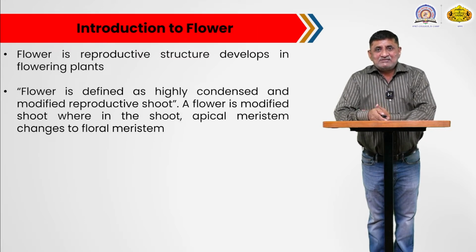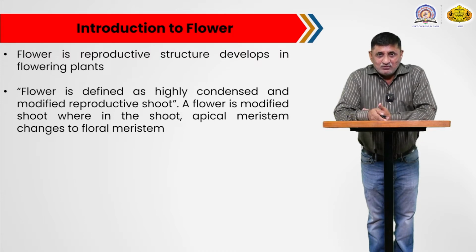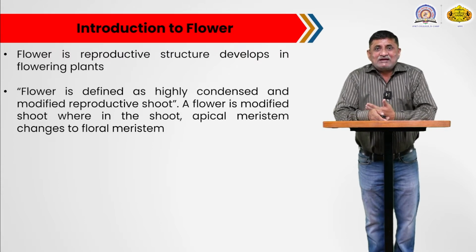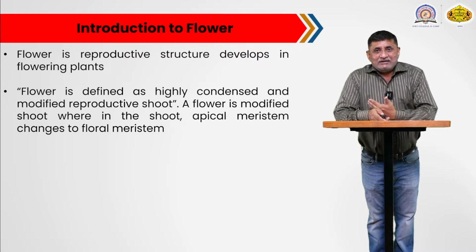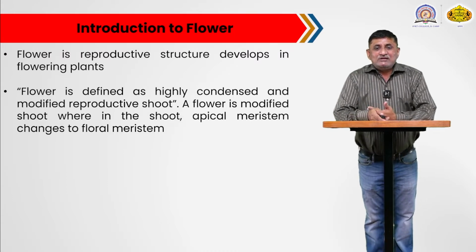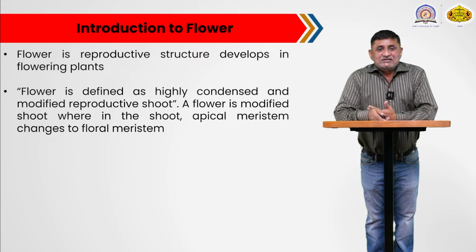In the flowering plants, the reproductive structure is developed by means of the development of flower, and flowers start coming at the time of maturity or in the reproduction season. So flower is nothing but a reproductive structure developed in flowering plants.